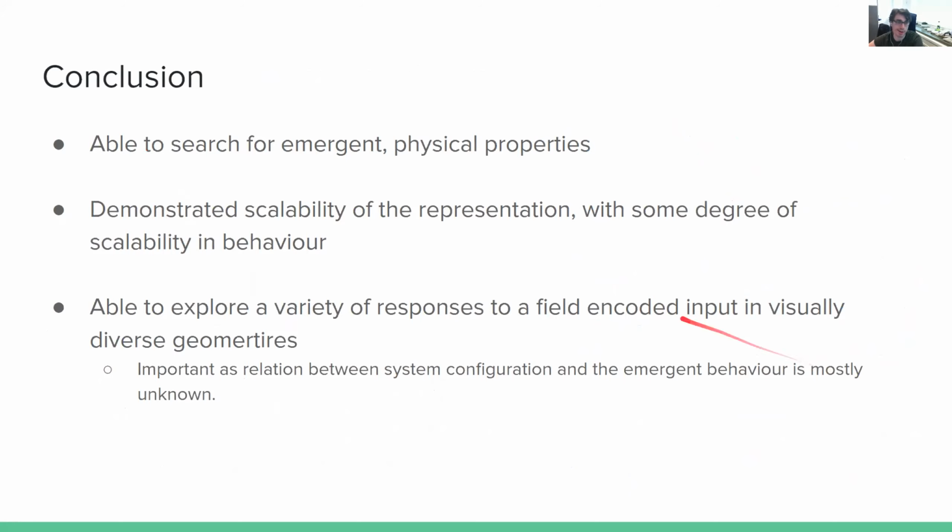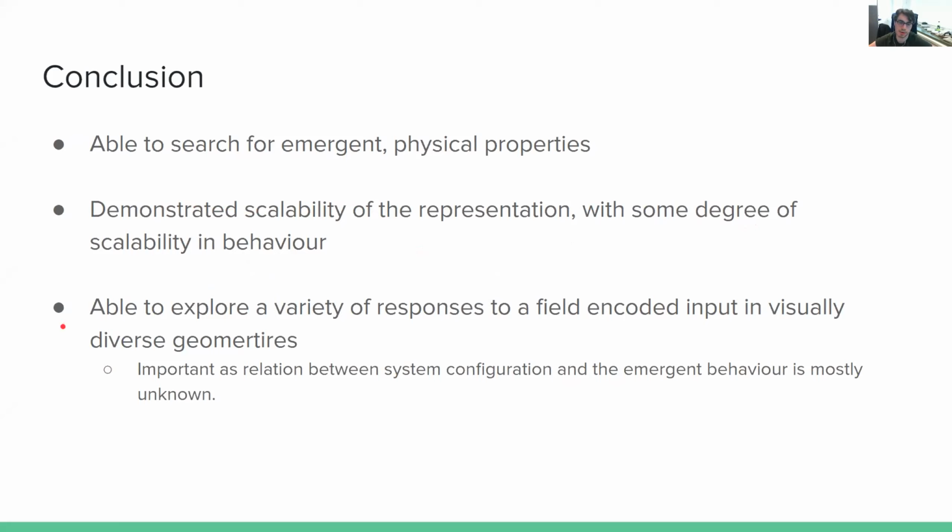So now I'm going to start concluding. We were able to search for emergent physical properties, as we saw before. We demonstrated we do have scalability in the representation. And by that, I mean once we have the genome, we can grow it mostly to any size. There are some constraints where we can't do that, but in general, we can. But what we also saw was that the behavior we evolved does not always scale, or at least it scales up to a certain extent.